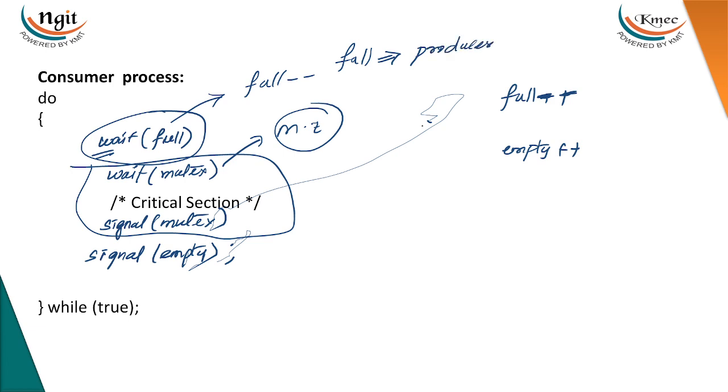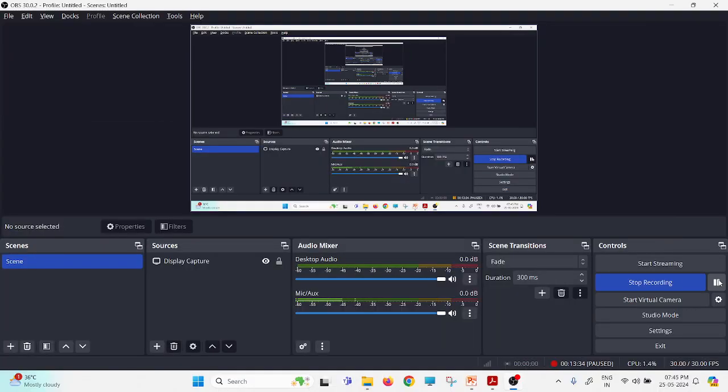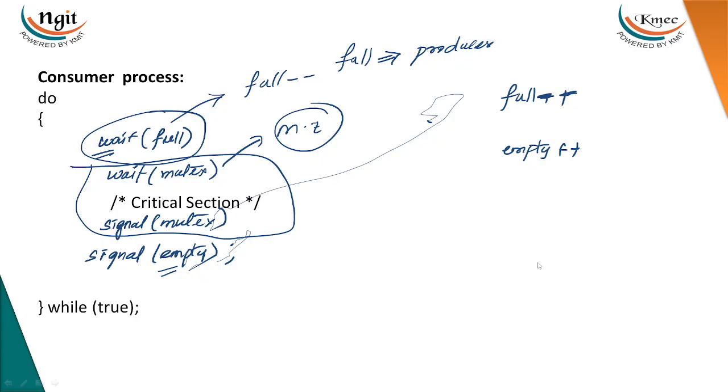When all the locations are empty, the consumer process will be blocked. Those blocked processes will be woken up by using signal operations. So the wait operation provides mutual exclusion, and the signal operation provides both progress and bounded waiting by using block and wakeup system calls. Okay, so that's it.